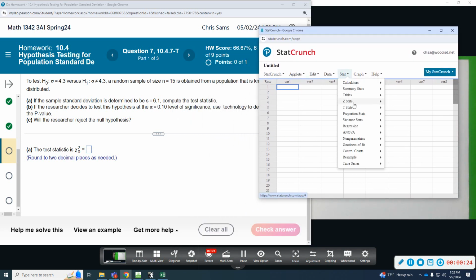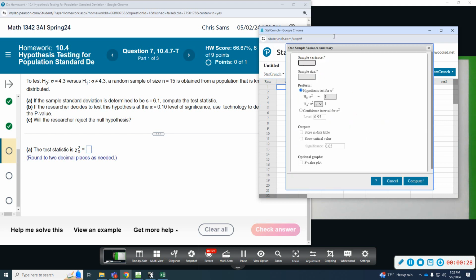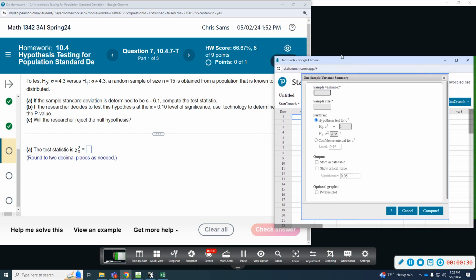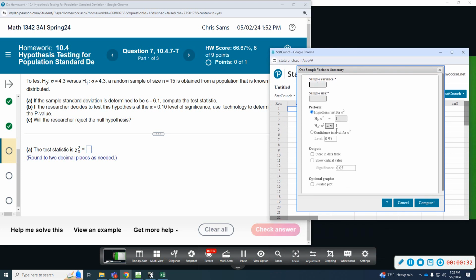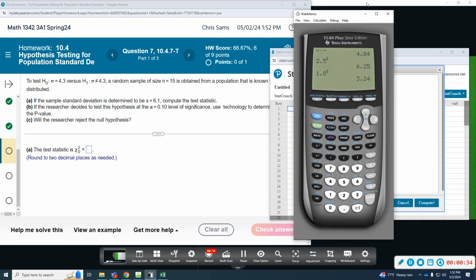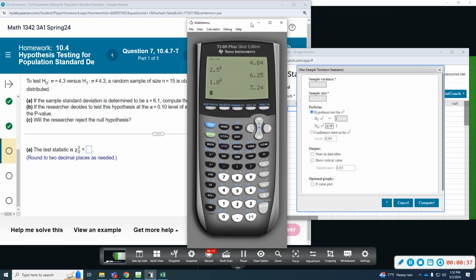So when we go to variance, one sample summary, we have to find the sample variance. Make sure I can see all these numbers. All right, the sample standard deviation is 6.1. Square that.